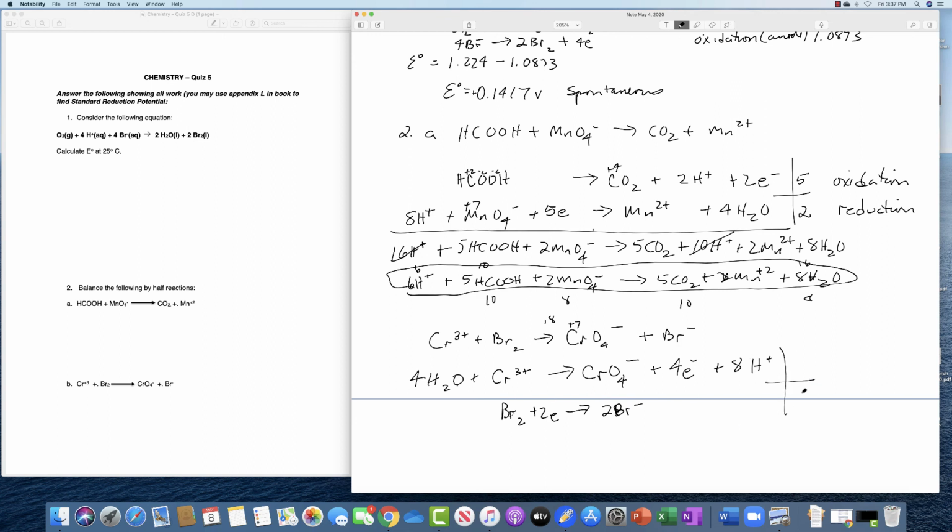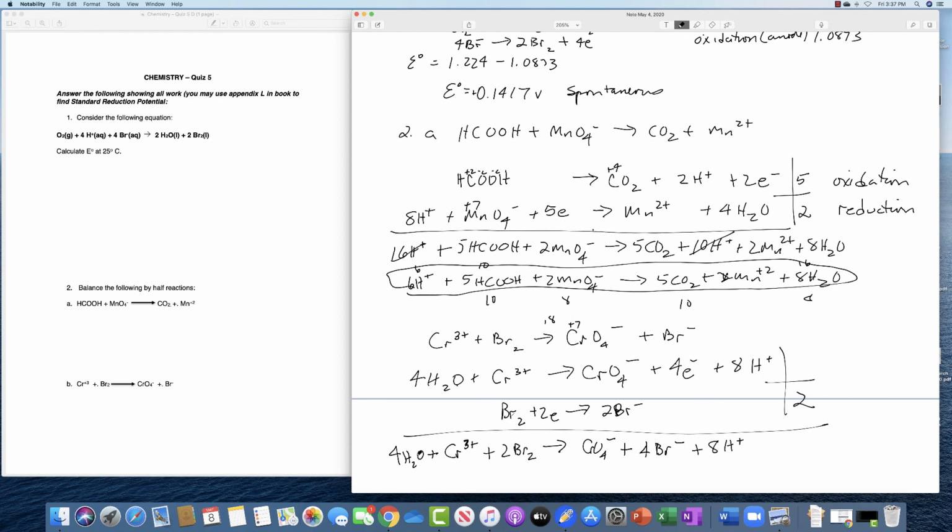Now, in order for the electrons to balance, you have to multiply this bottom one by 2. So you have 4 H2O plus Cr3 plus plus 2 Br2 goes to form CrO4 minus plus 4 Br minus plus 8 H plus.